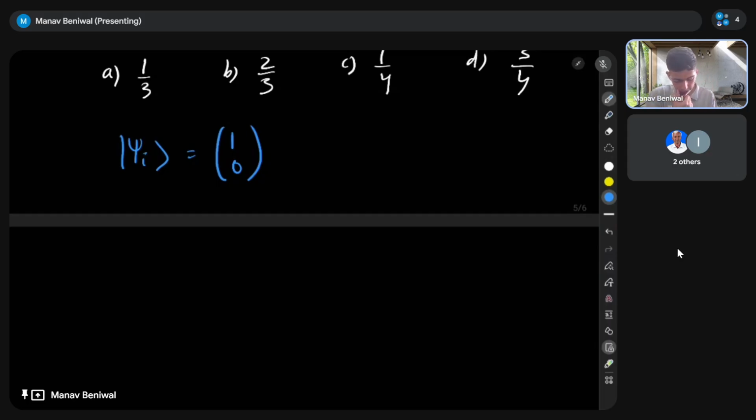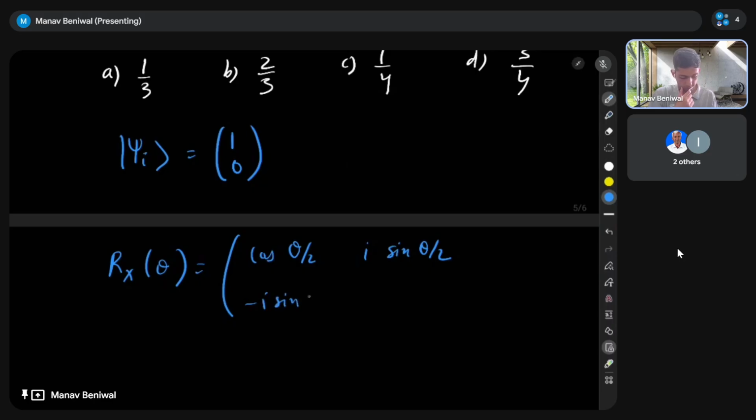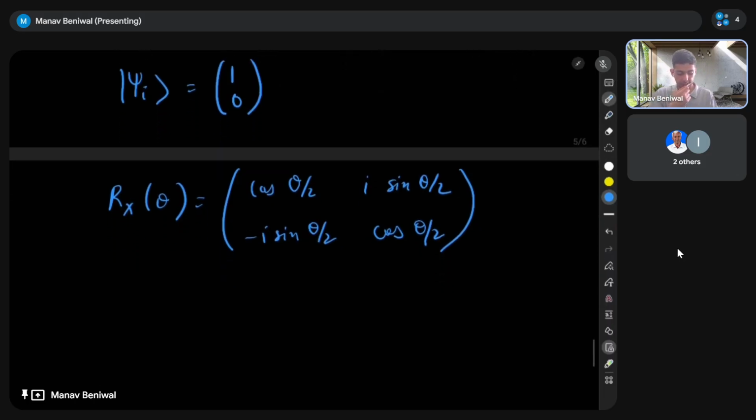And now the rotation Rx about the x-axis by theta, we know, is written like this: cos theta by 2, iota sine theta by 2; minus iota sine theta by 2, cos theta by 2. This is a unitary transformation, and here theta is given as 60.